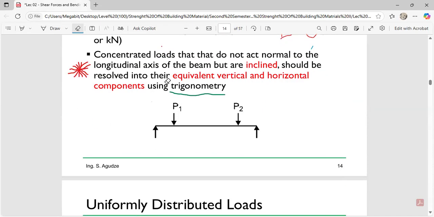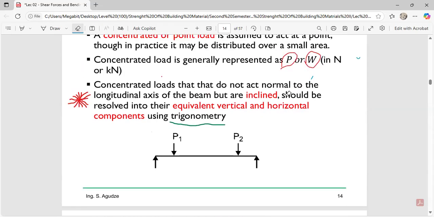Concentrated loads that do not act normal to the longitudinal axis of the beam but are inclined should be resolved into their equivalent vertical and horizontal components using trigonometry.